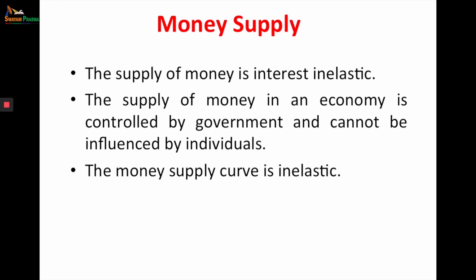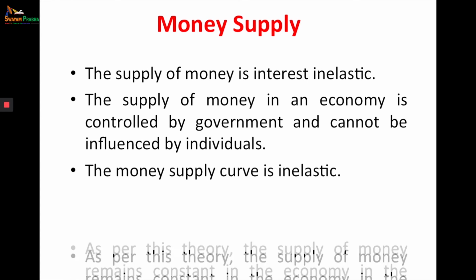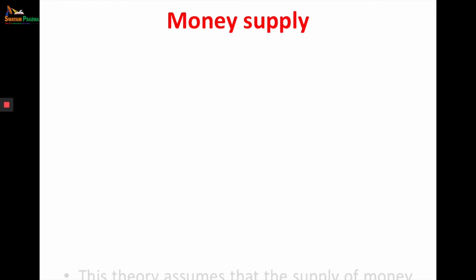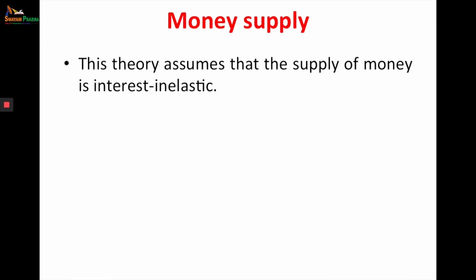That's why the money supply curve is inelastic. As per this theory, the supply of money remains constant in the short run. This whole theory is based on the short run, because Keynes assumed that in the long run we all die.